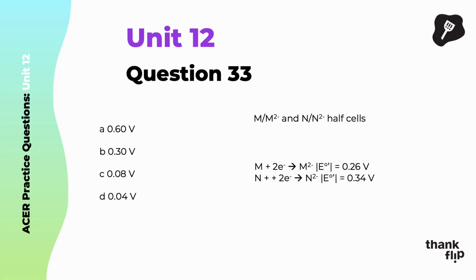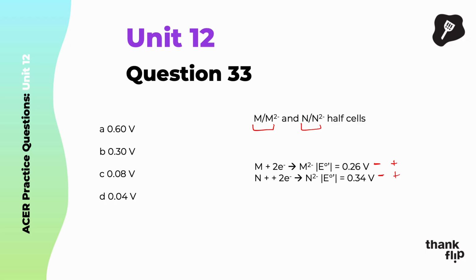So question 33 gives us some additional information as well. We're given these molecules here and their reduction potentials, but we don't know whether it's negative or positive. It's only a magnitude, okay?